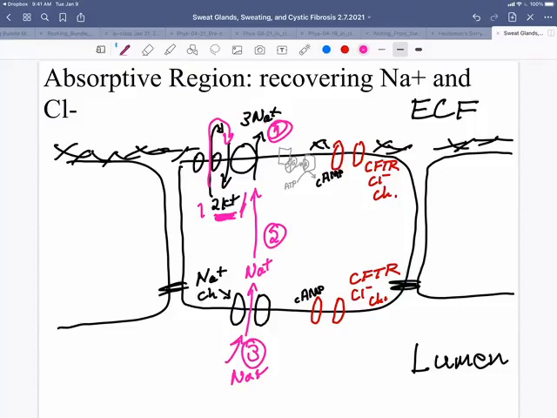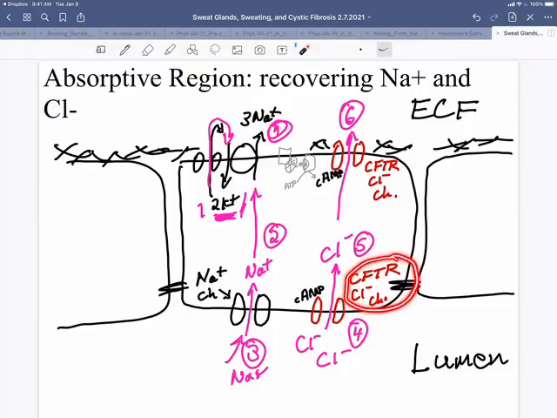And with that movement of sodium away, there are chlorides that are not attracted to any sodiums because the sodiums are gone, and so the chloride follows that charge out through a chloride channel. And this chloride channel is the cystic fibrosis chloride channel, the CFTR.